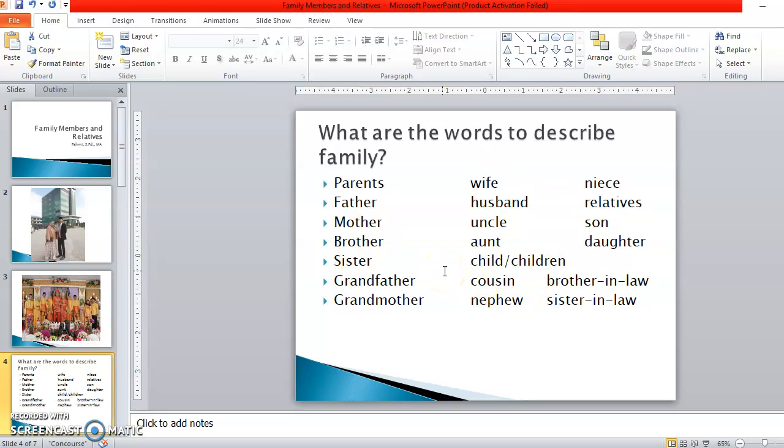You have parents, you have brother or sister, you have grandfather or grandmother. You haven't got a wife or a husband, but you must have an uncle and aunt. You haven't got a child or children, right? Because you are not married. But some of you might have a cousin or nephew. If your brother or sister has got married, then you have a niece, and you have relatives, like your uncle and your niece.